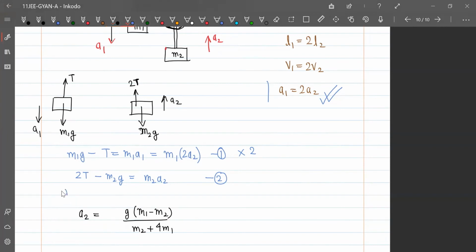So that will give me twice of M1G minus 2T equals 4M1 A2. So 2M1 minus M2 should come. And A1 will come twice of this. So 2G into 2M1 minus M2 divided by M2 plus 4M1. This will be the answer.